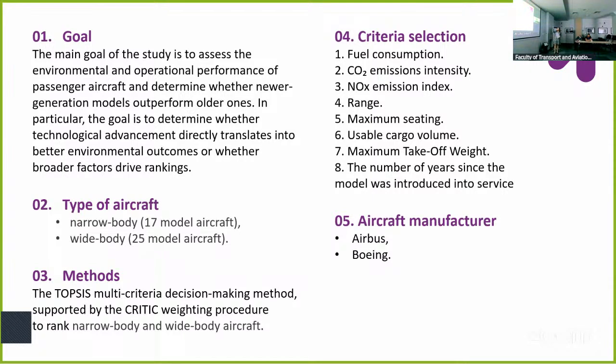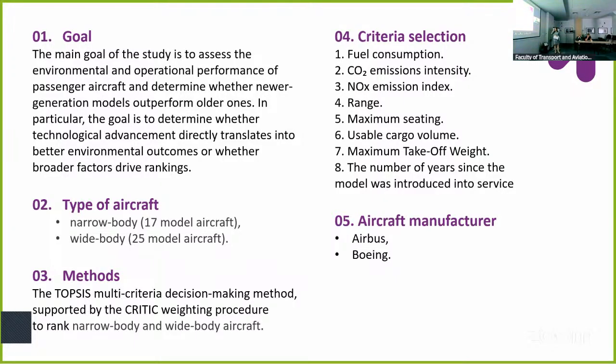The criteria selection was as follows: fuel consumption, CO2 emissions intensity, NOx emission index, range, so how many kilometers it can fly without a stop for refueling, and maximum seating.